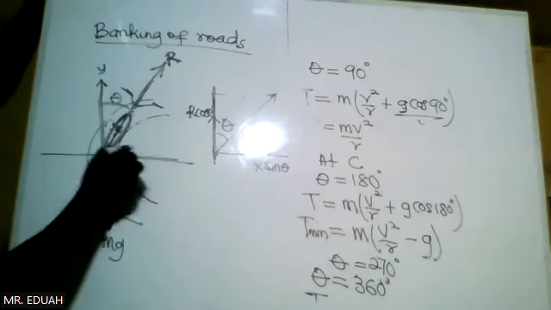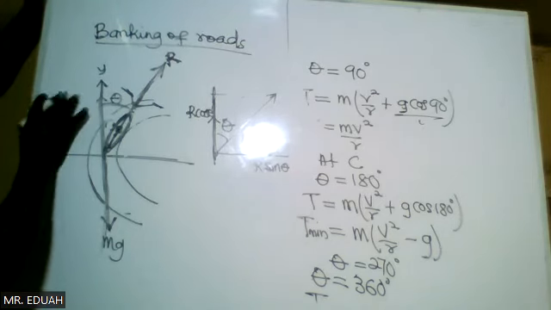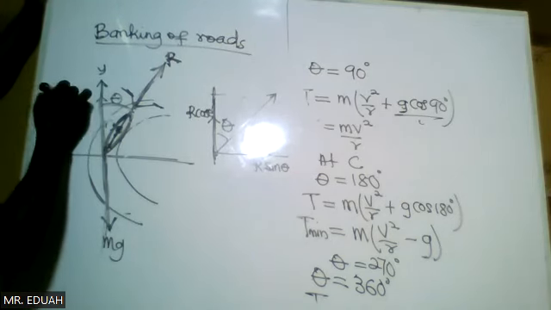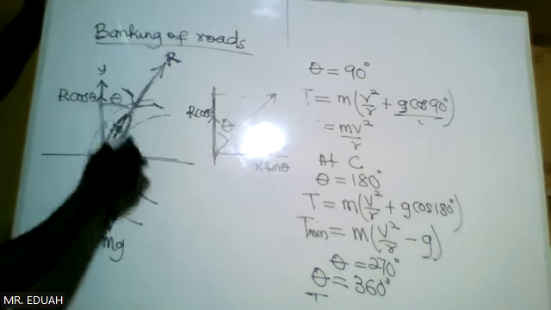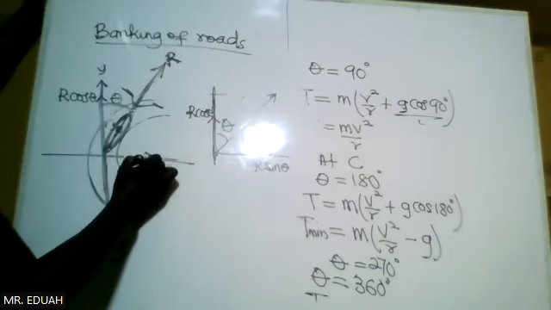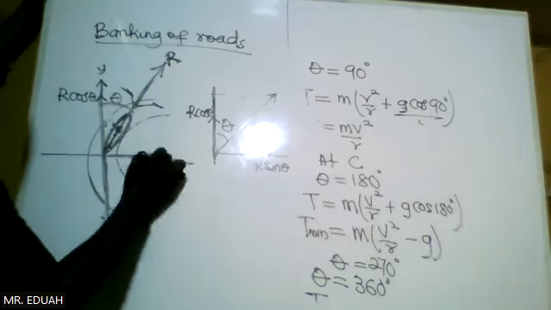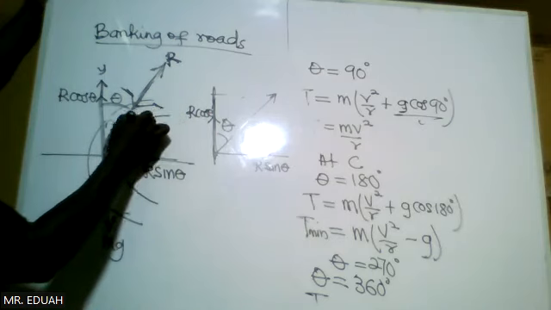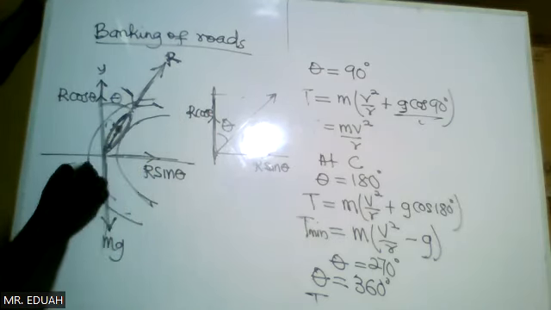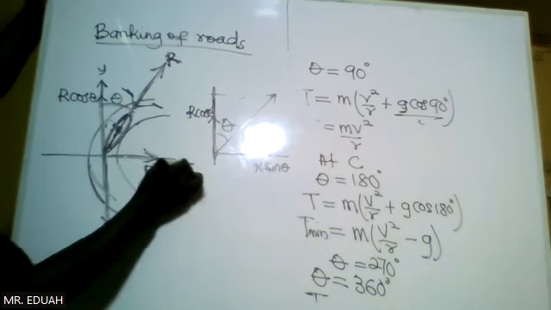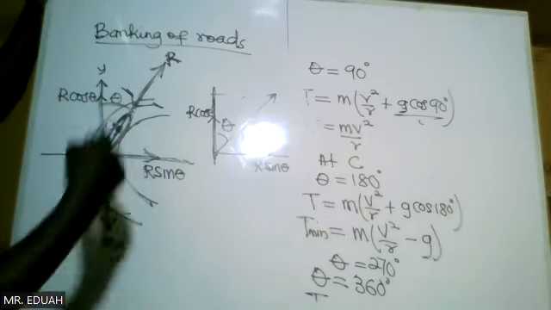So mg, R cos theta acts upwardly, and then R sin theta acts. This is a curvy road, and so this R sin theta acts towards the center of the circular road.